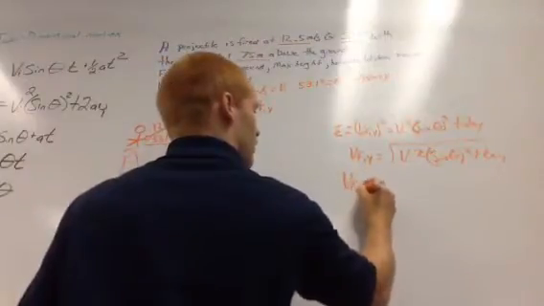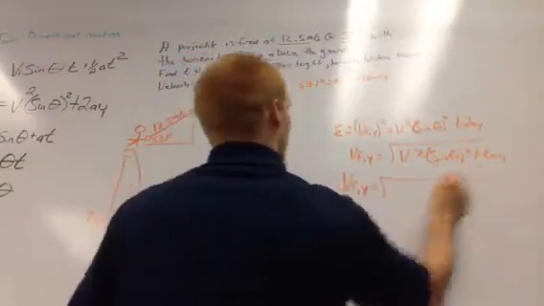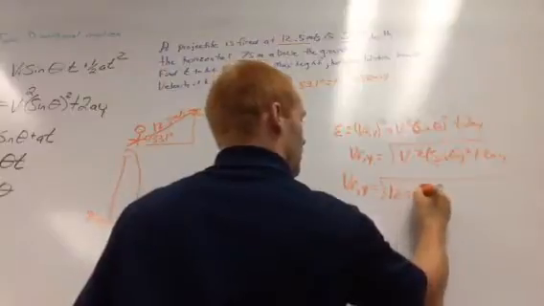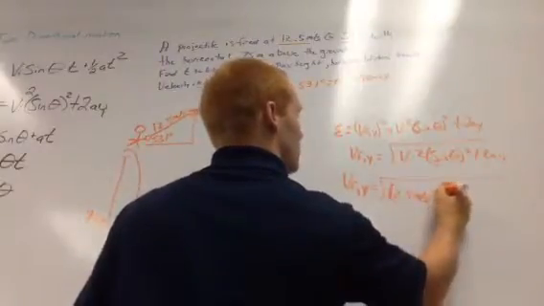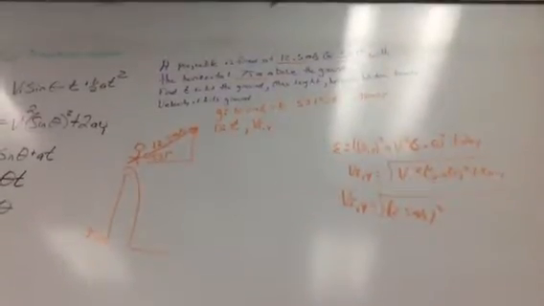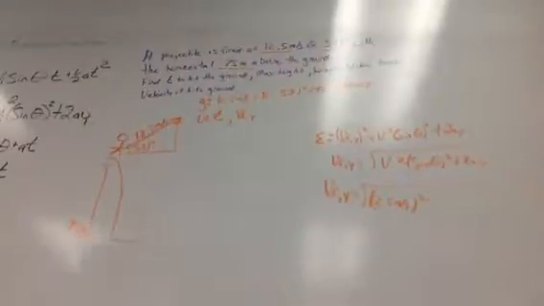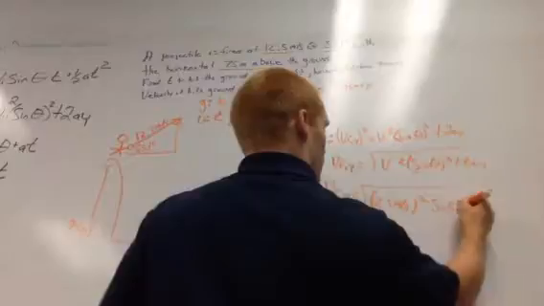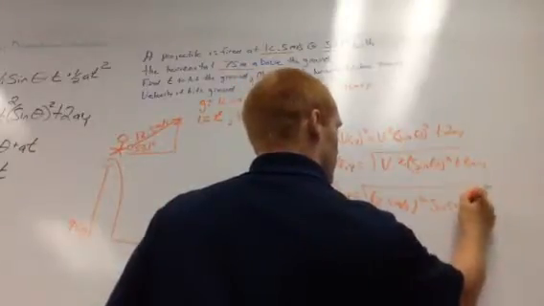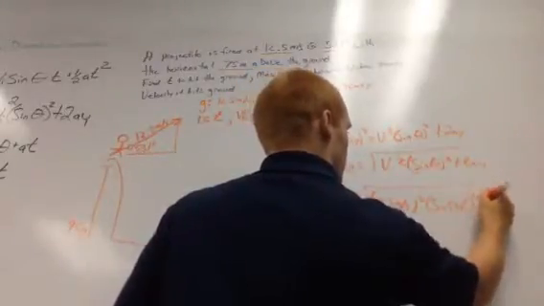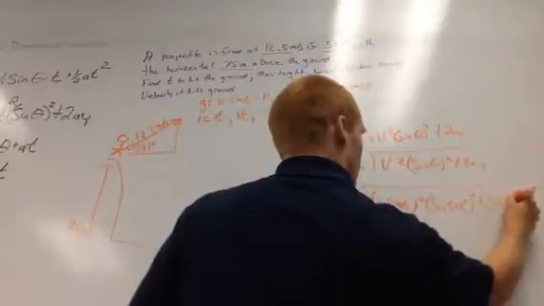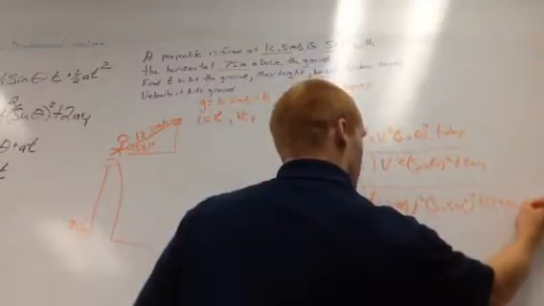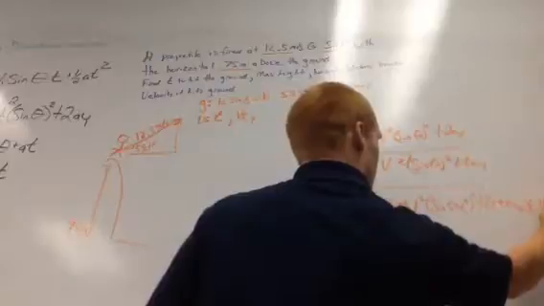So we have VFY equals 12.5 meters per second squared, sine 53.1 degrees, squared, plus 2 times negative 9.81 meters per second squared times negative 75 meters.